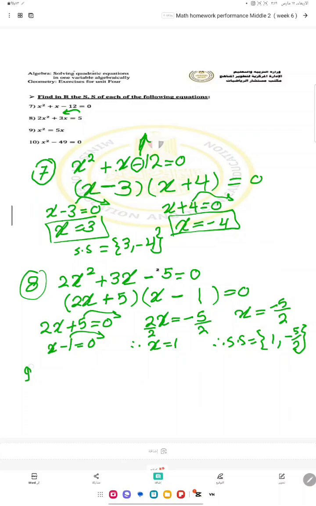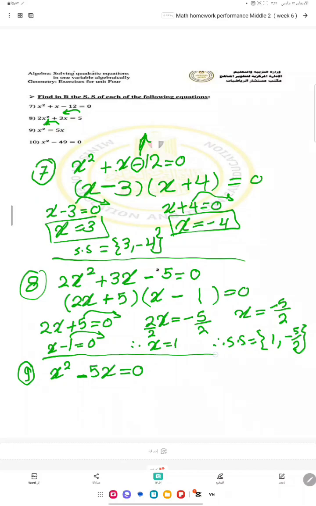Question number 9. x squared equals 5x. Also, you have to take 5x to the other side by opposite sign. So x squared minus 5x equals 0. Okay, here we have to do it using the HCF because x is repeated, right? So take x and then divide. x squared divided by x equals x, and 5x divided by x equals only 5, equals 0.